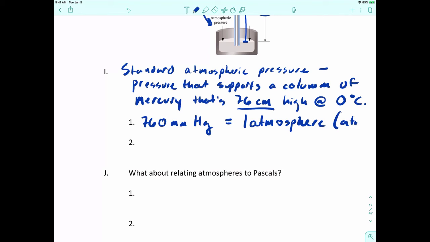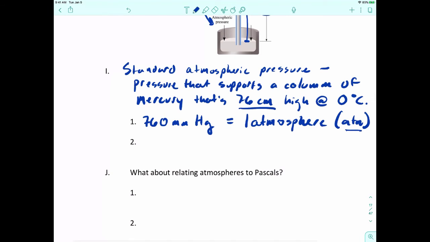or atm. Now, even though the Pascal is the SI unit, in chemistry we're still stuck on atm. So we still measure everything in atmospheres. Now, there's also another unit. The guy that was originally studying pressure and discovered his findings, his name was Torricelli.